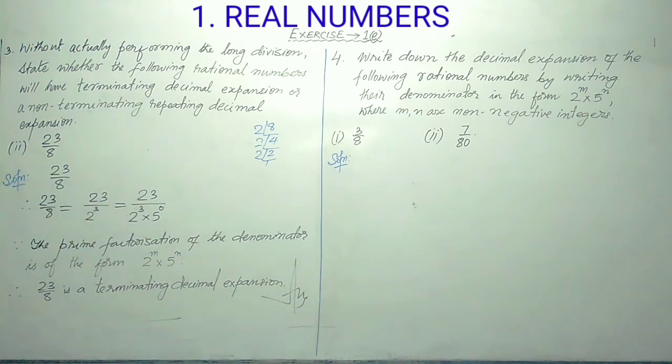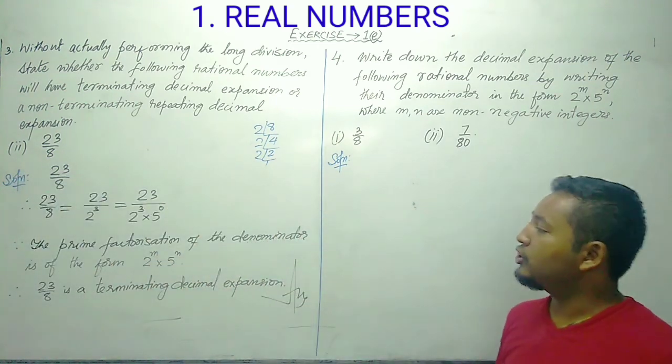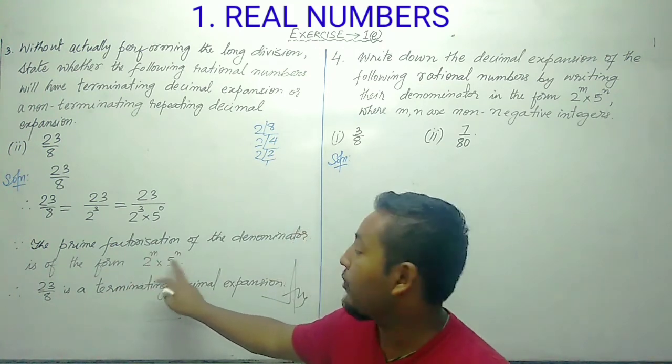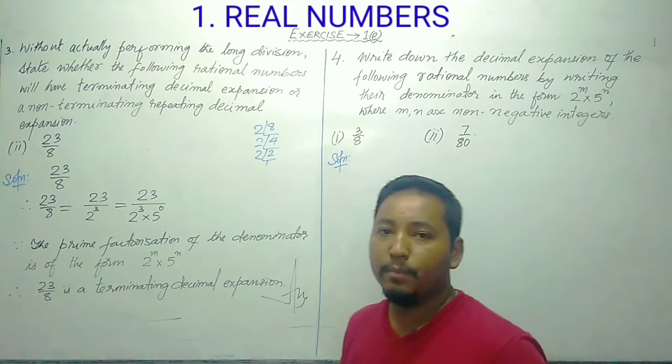That is our required answer. Now in this case, since the denominator is of the form 2 to the power m into 5 to the power n, therefore 23 by 8 is a terminating decimal expansion.